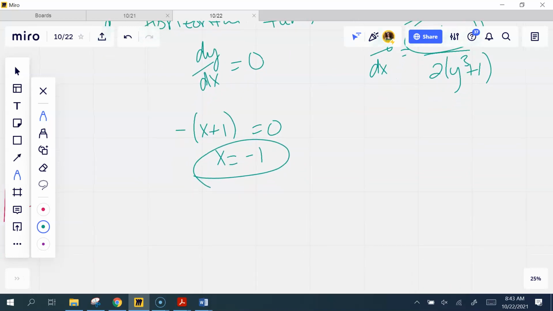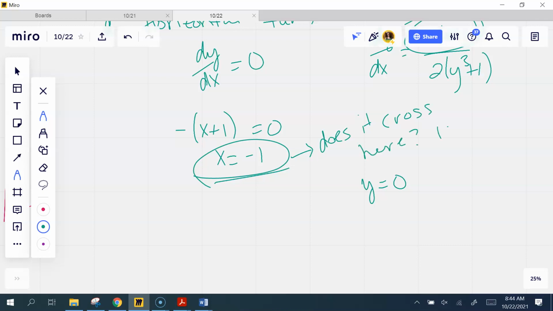So, you have to plug in 0 for y in the original equation. 0 for y and negative 1 for x, right? Okay. If that holds true, then yes. What I'm essentially asking is, does it cross here?